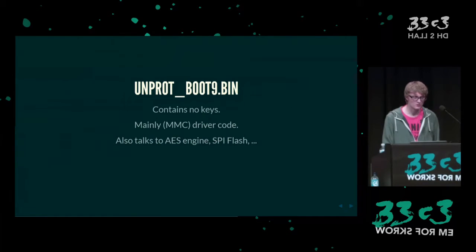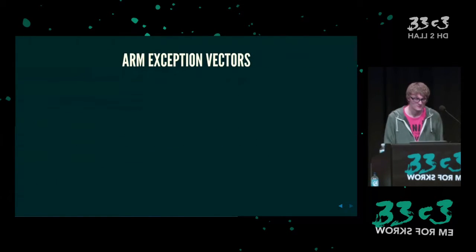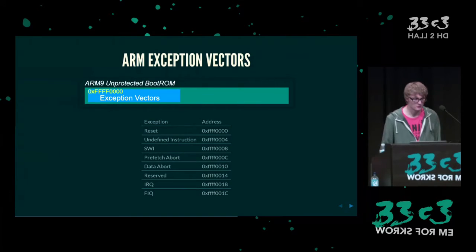It also includes the ARM exception vector table. This is a design that they adopted from previous generations of the Nintendo DS, such as the DSi. If you don't know ARM, basically you have something called an exception vector table, located at a hard-coded address in boot ROM.